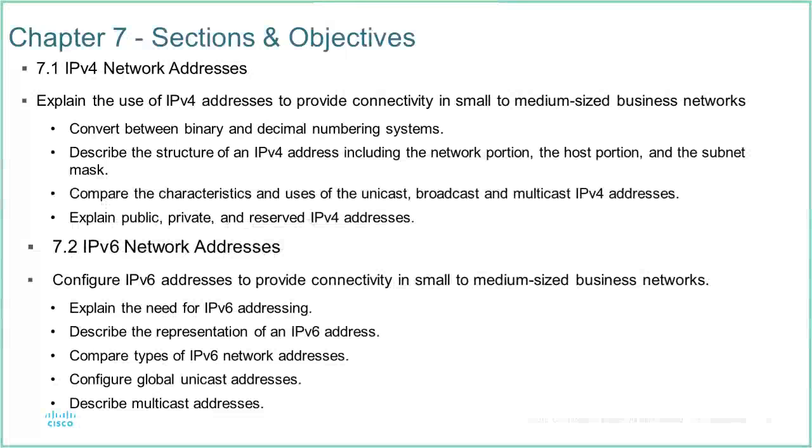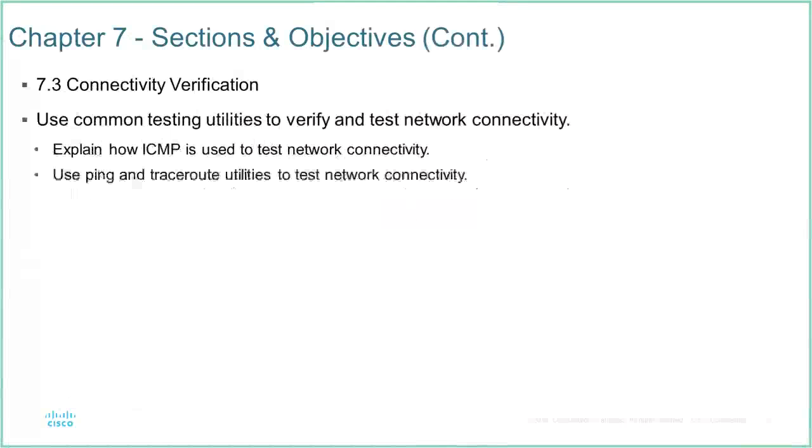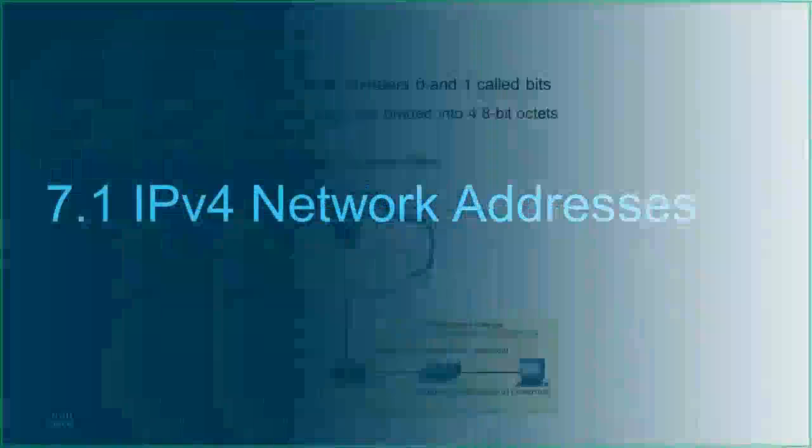There's a few concepts we introduce: network portion, host portion. We talk about the extended notations that are used in IPv6, and we come to testing, so using our ping and trace routes, which we've done a bit before.